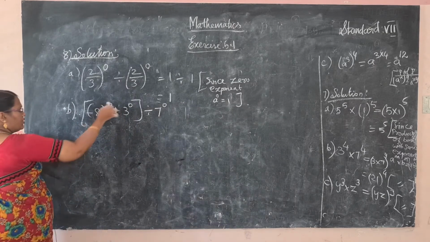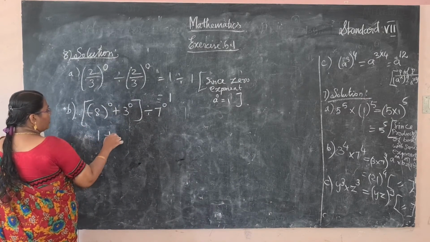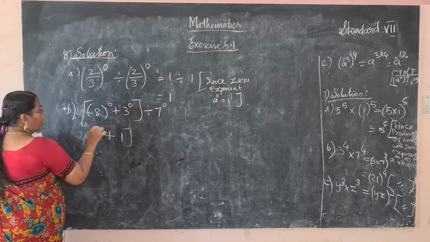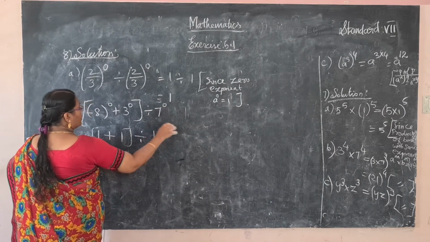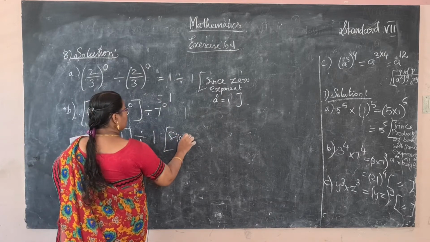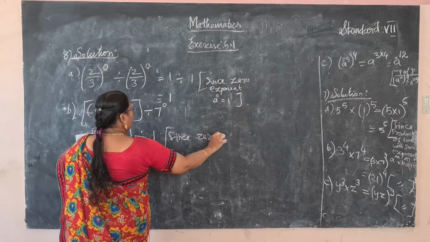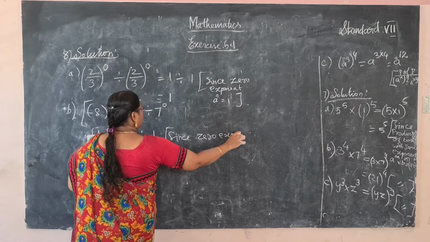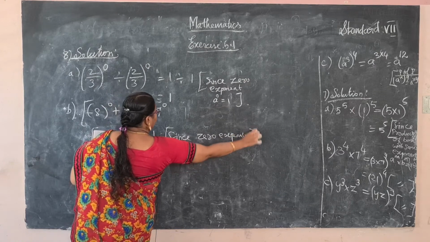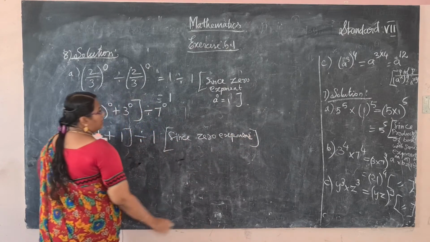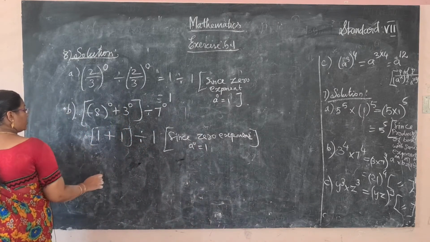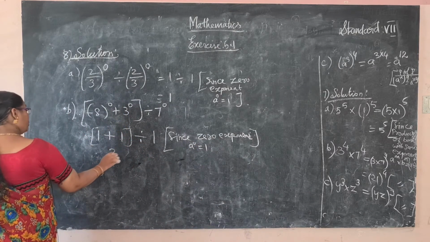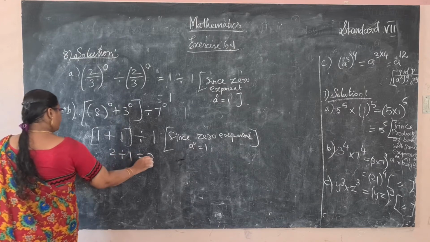So anything power 0 is 1. So 1 plus 1, divided by 7 power 0 which is 1. Since zero exponent, a power 0 is equal to 1. So 1 plus 1 is 2. 2 divided by 1 is equal to 2, that is the answer.